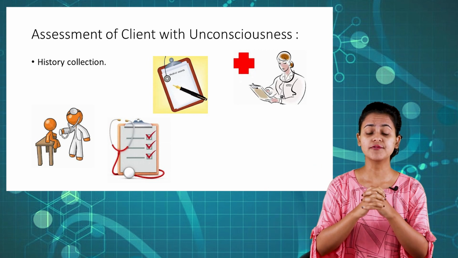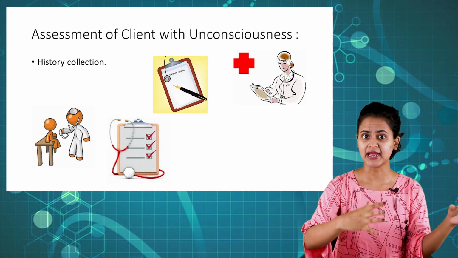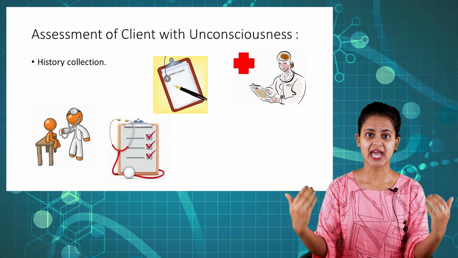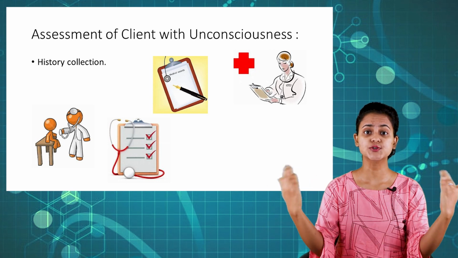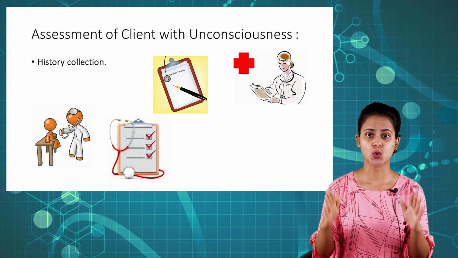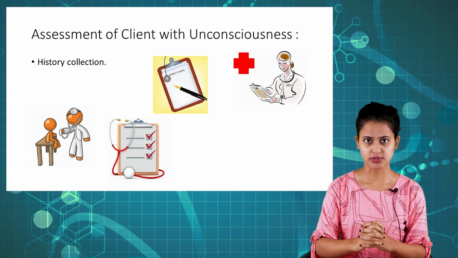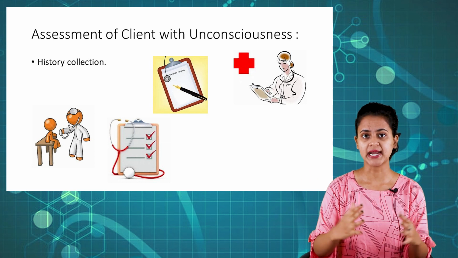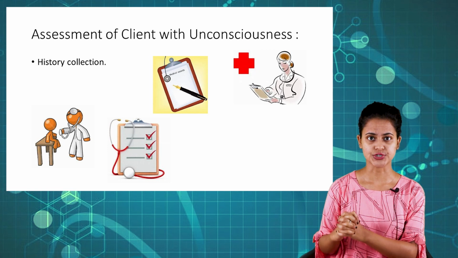The first and foremost role of every person is to take that client into a medical setup where emergency management can be initiated. Because remember, unconsciousness is often associated with certain underlying, severely progressed disorders. So treatment of those disorders or diseases is very effective management to manage the client and prevent the severe stage of the development of unconsciousness.